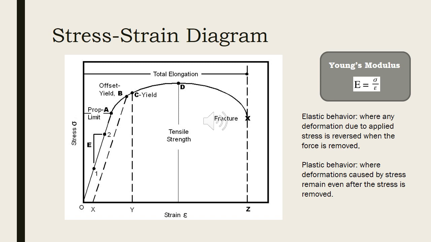Many materials exhibit a proportional relationship between stress and strain up to a certain point, referred to as the proportional limit, shown as point A. This stress-strain relationship is known as Hooke's law, and in this region, the slope of the stress-strain curve is referred to as the modulus of elasticity or Young's modulus.